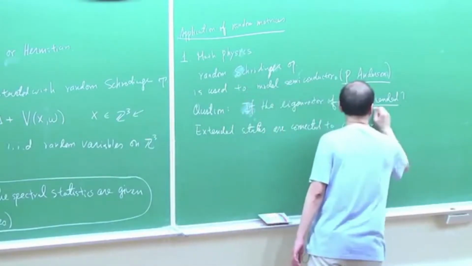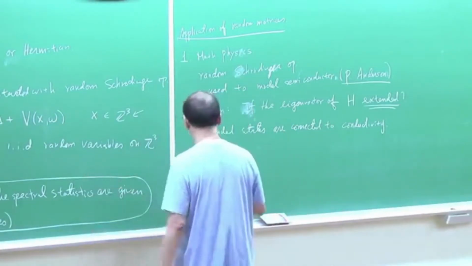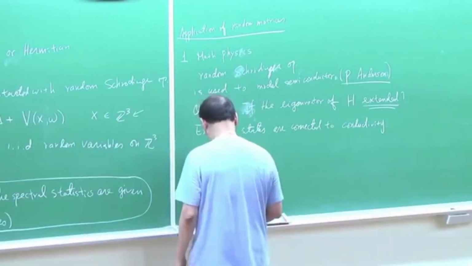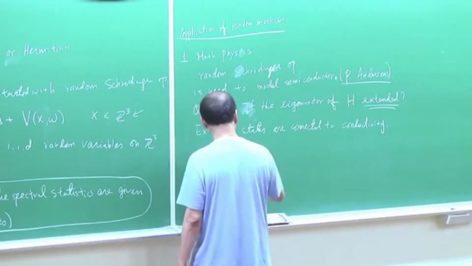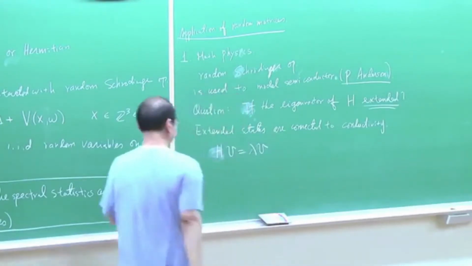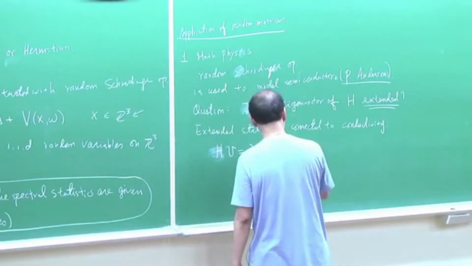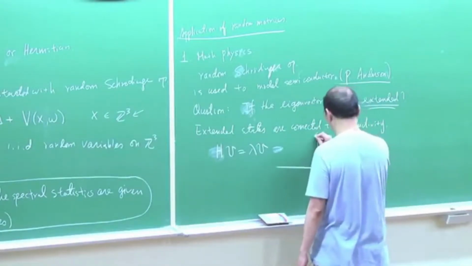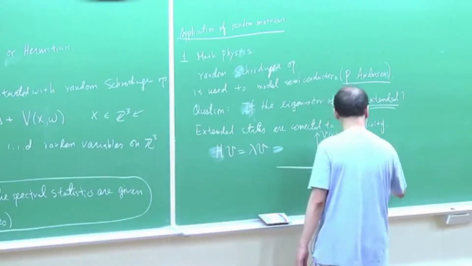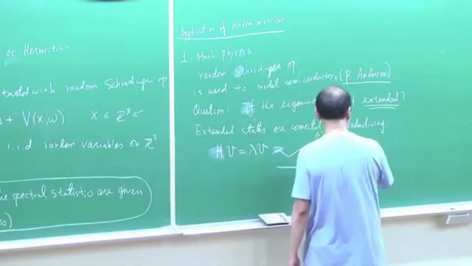When I say the eigenvector of H is extended, this means that if you think about H of V equals lambda V, and you look at the eigenvector V of X, as a function of X, it looks like that.